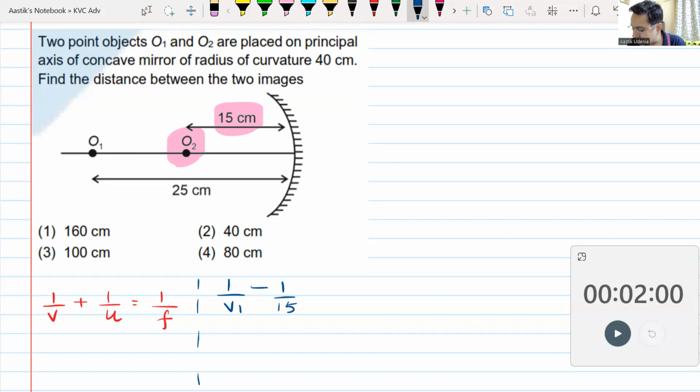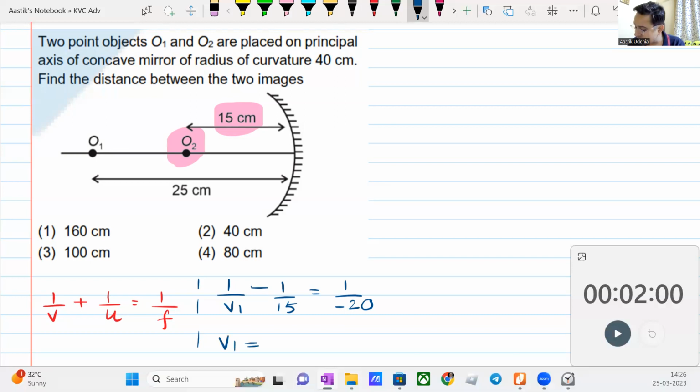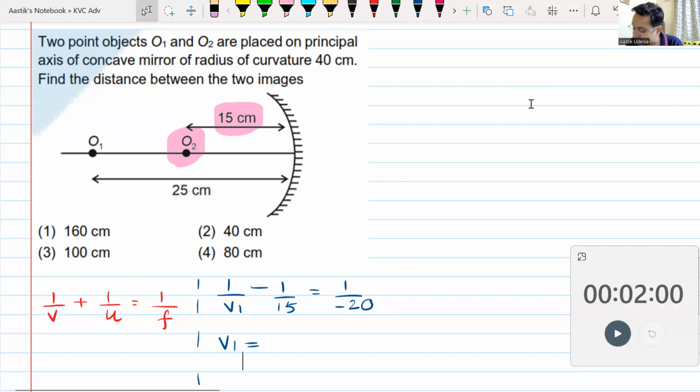Minus 1 by 15 will be equal to the focal length of the concave lens, which was negative, minus 20, yes or no? From here you will get the value of V1, and the value of V1 that you are going to get will be coming as plus 60.